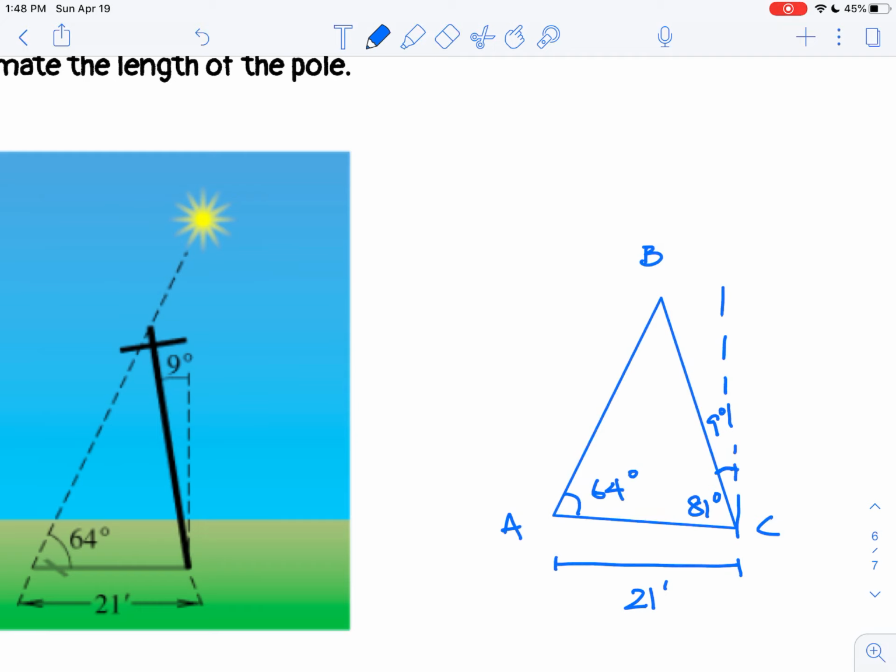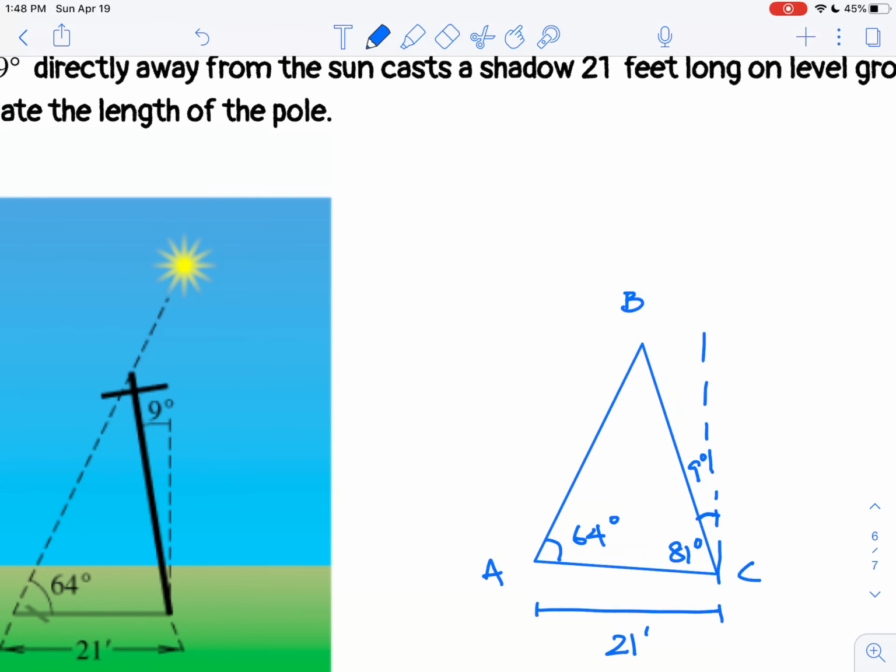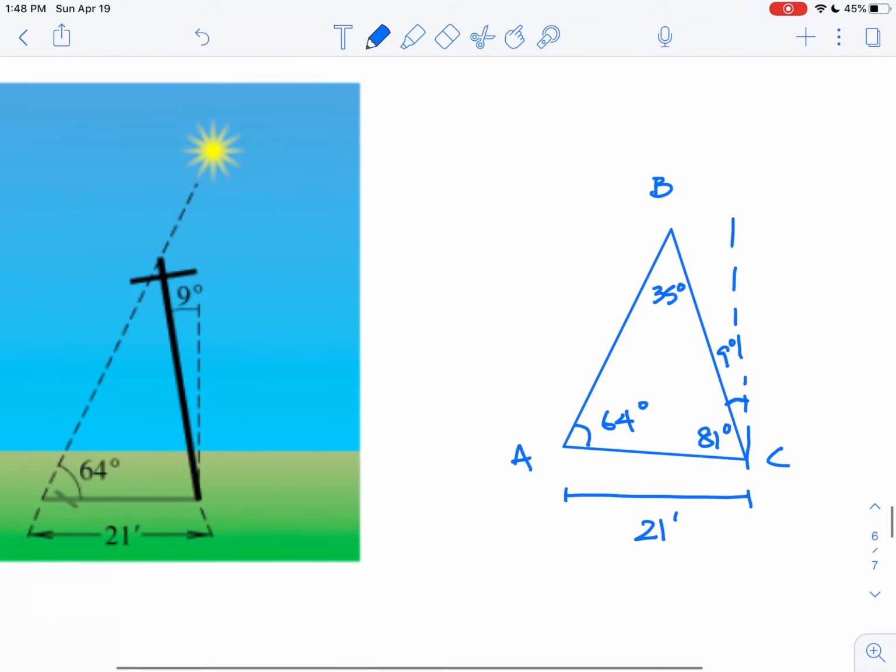Now this is great, because this is a case where I can find all three angles. I know 64 and 81 are two of the angles, and that must make B 35 degrees, to give me a triangle with 180 degrees inside.